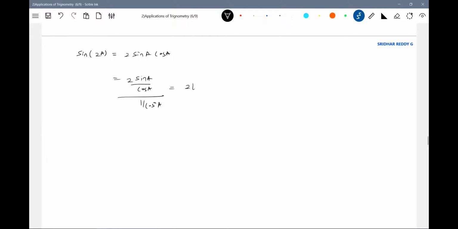So then this will become 2 tan A by 1 by cos square A. 1 by cos A is secant A, so this will become secant square A. And secant square A we can write as 1 plus tan square A, since we know secant square A minus tan square A equals 1.